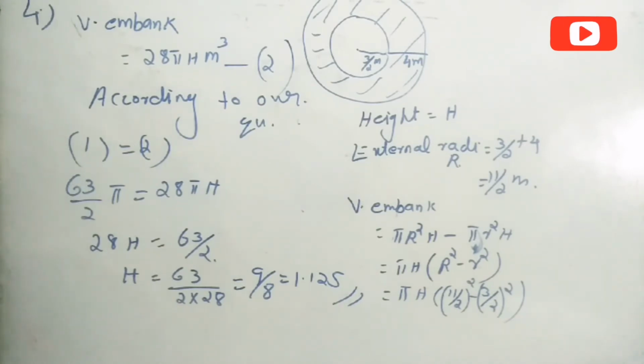You should keep it in your mind. The volume of that embankment is actually a circular ring. If we want to find the volume of the embankment, we need to find the volume of the outer portion minus the volume of the inner portion. The inner portion is actually part of the well, but we don't want to consider the full well. We need to consider the portion of the well which lies above our ground, till the height of the second outer portion.